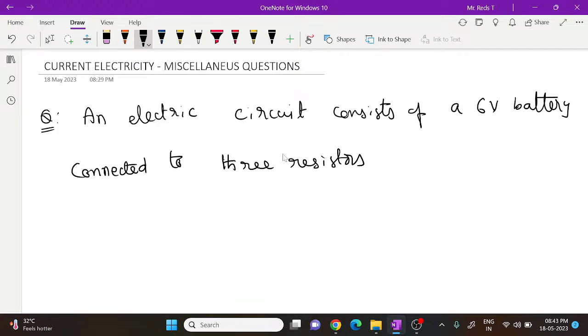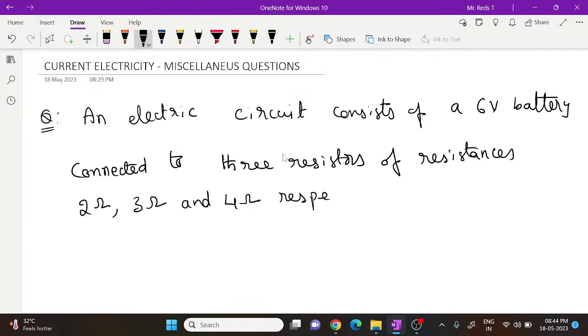Let us give some names as R1, R2, R3. Simply we can say connected to three resistors of resistances 2 ohm, 3 ohm and 4 ohm respectively.